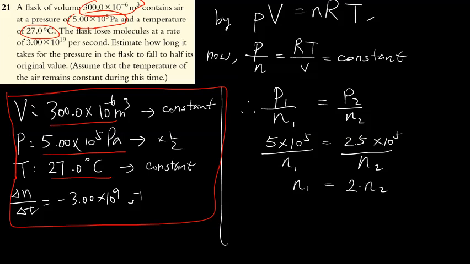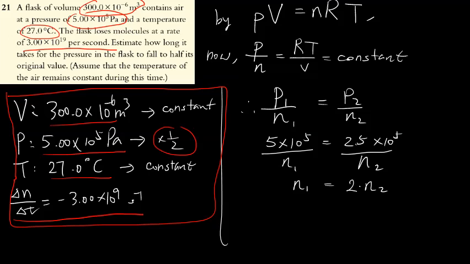And it said the flask will lose the molecules at the rate of blah blah blah per second. So here is the expression in terms of a maths equation. I don't really know if it is useful, I just put it down first. And it asks how long it would take for the pressure to be half of its original.